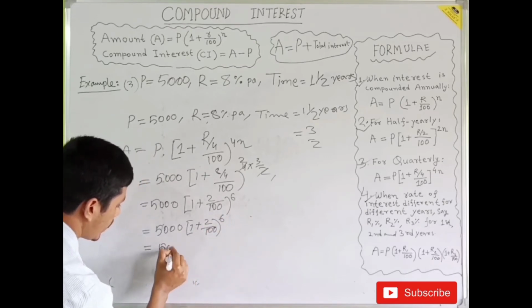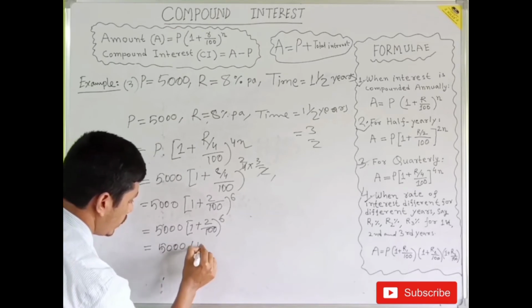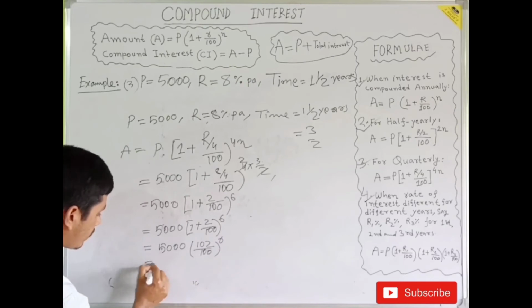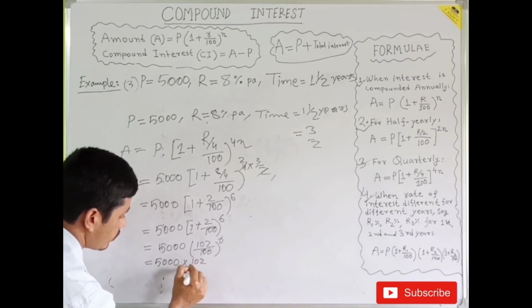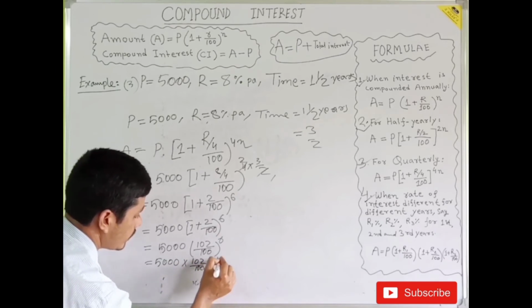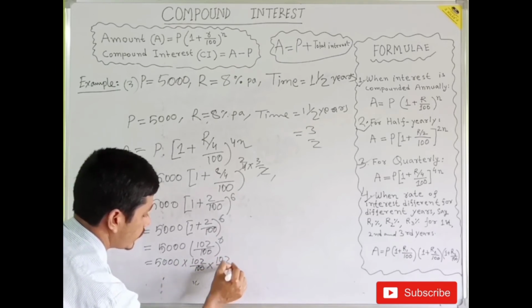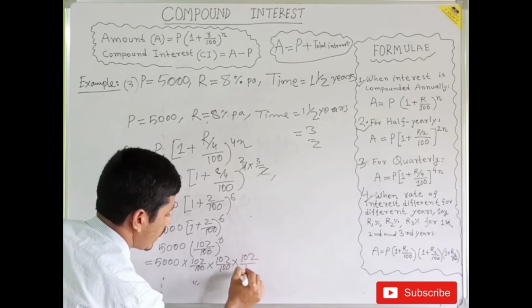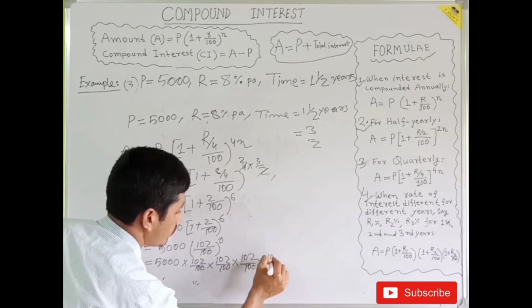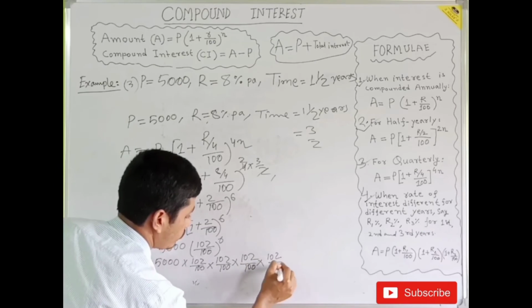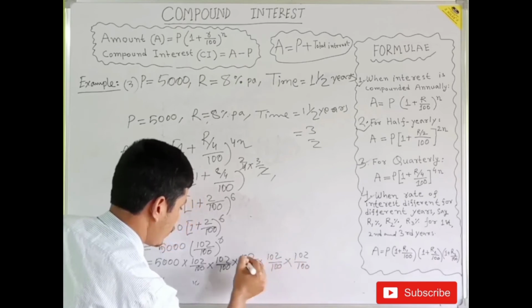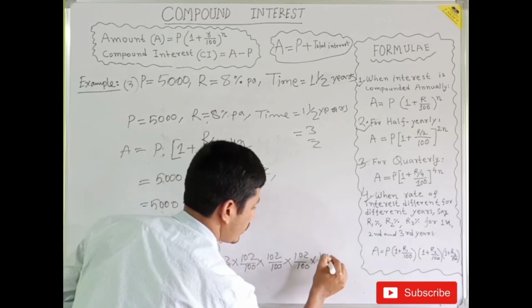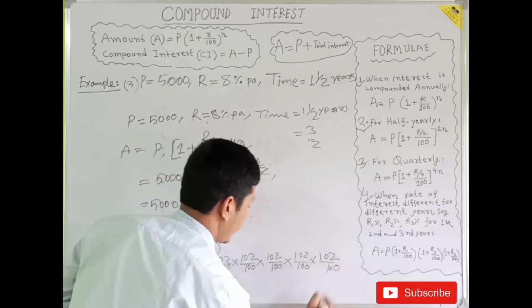Now 5000 into 102 by 100, to the power 6. That is 5000 into 102 by 100 into 102 by 100, six times.